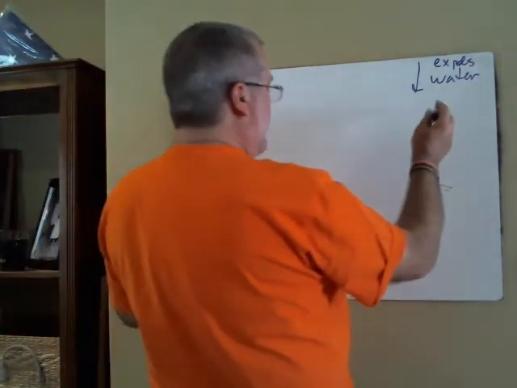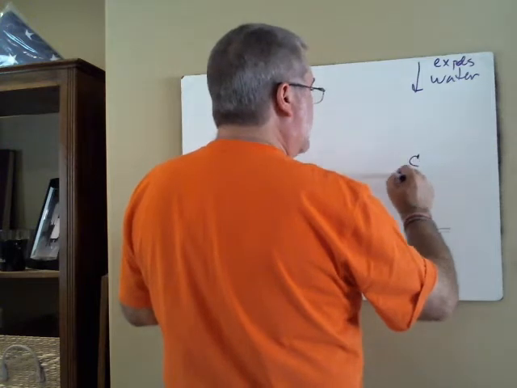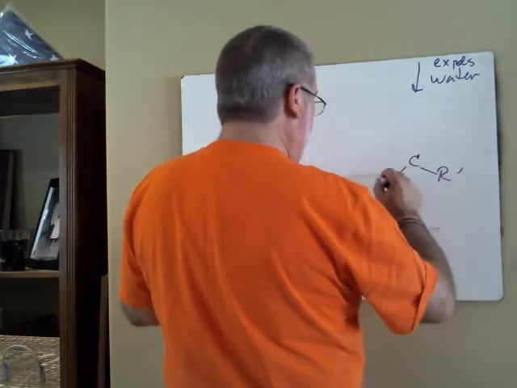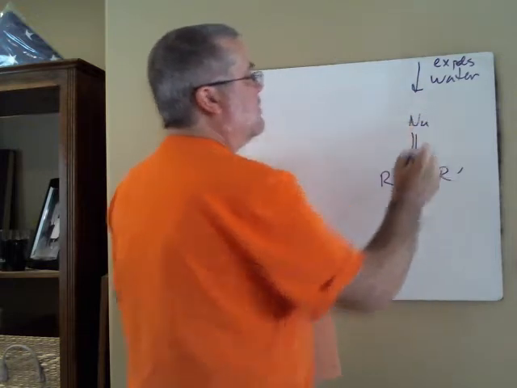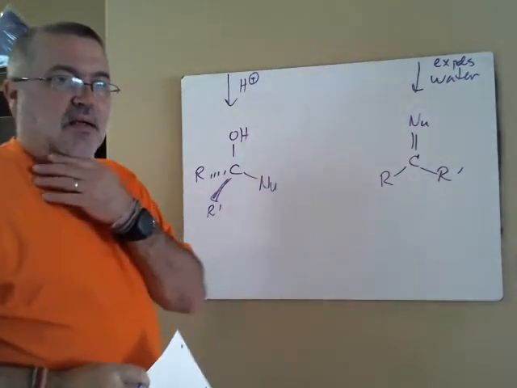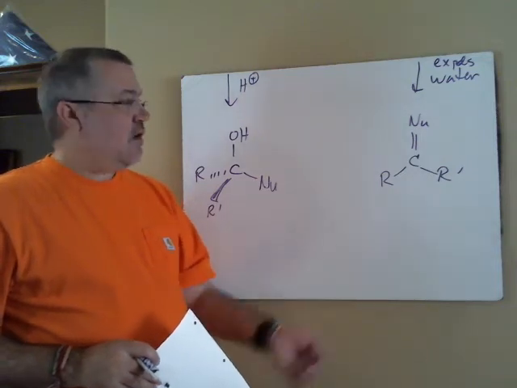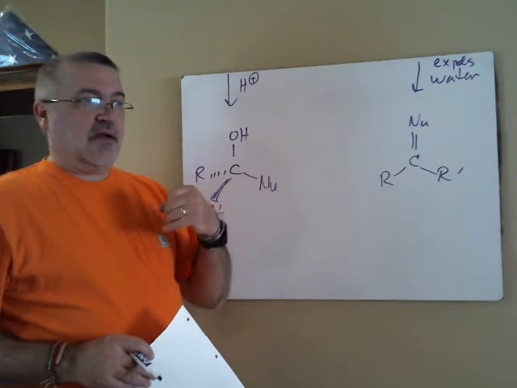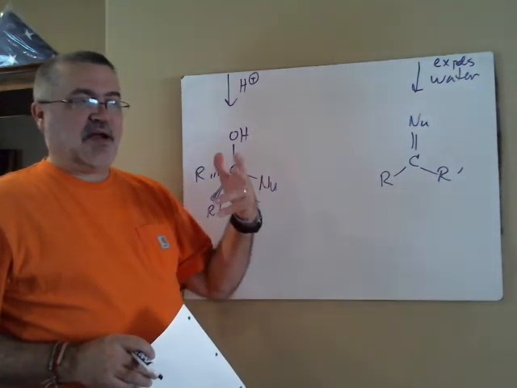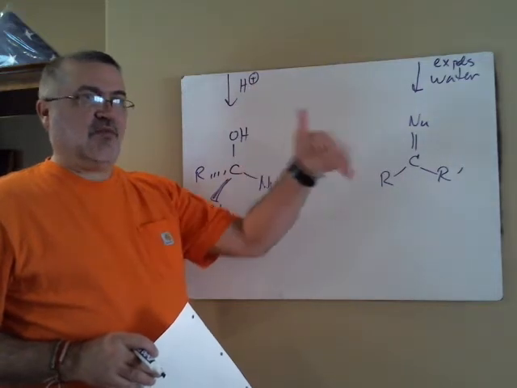But over here, if you expel water from that intermediate, what you actually form, you reform a double bond, but it's a double bond to the nucleophile. And so you've lost the carbonyl oxygen as water, you've lost a proton from the nucleophile, and the OH minus that would be protonated, that makes O, two H's, water.